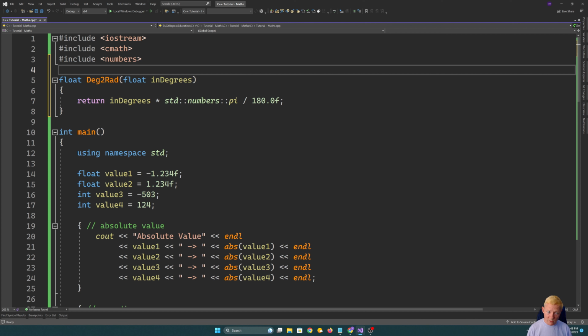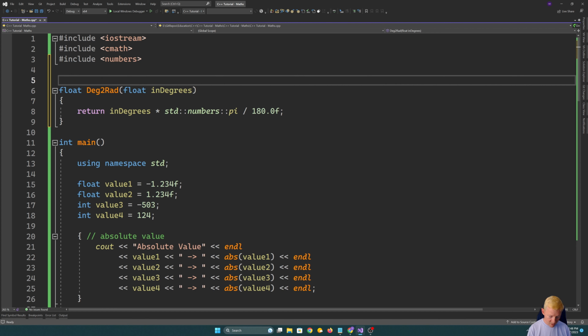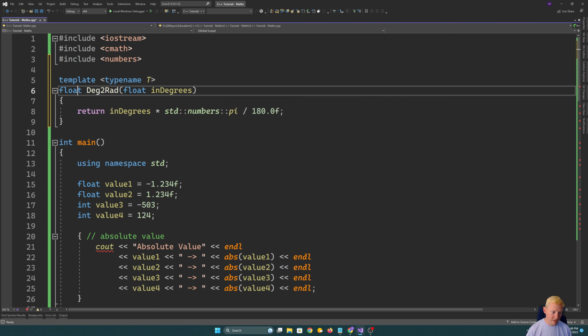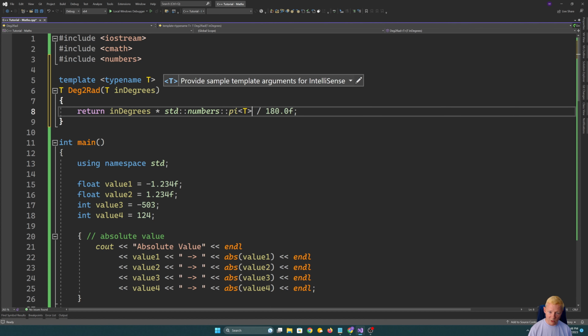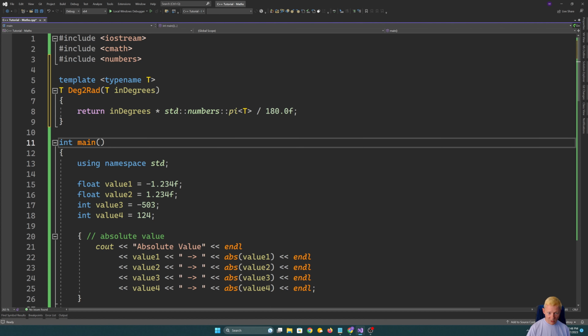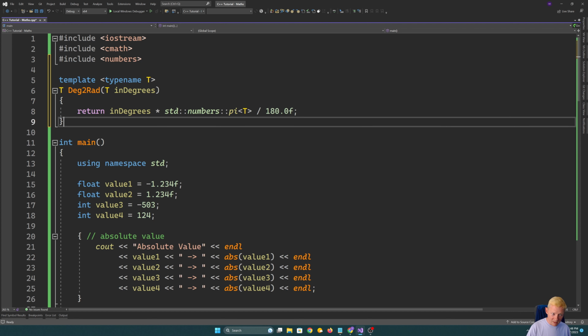Now in this case it works for floats, but if I wanted it to work for doubles and things like that as well, I could turn this into a template. We could do that like this, and get the version of pi based upon the particular type being passed in.